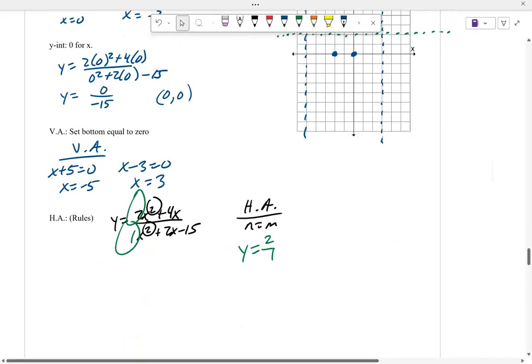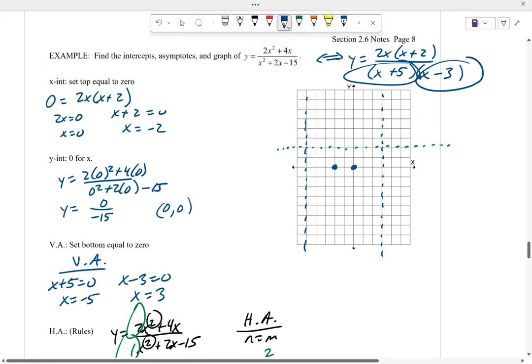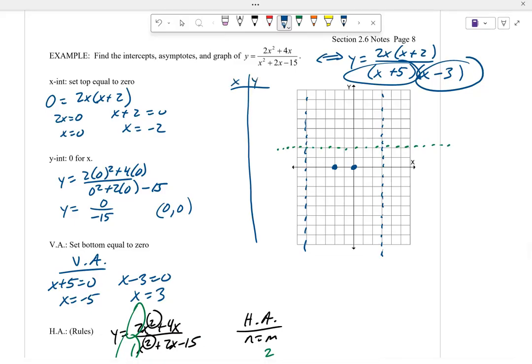So it now brings us to the tedious part of plugging a bunch of points in. Negative 5 is one of my vertical asymptotes. It'd be nice to plug in a couple points to the left of that. Plug in points to the right of that vertical asymptote, like negative 4, negative 3.